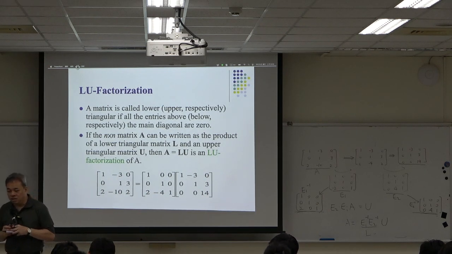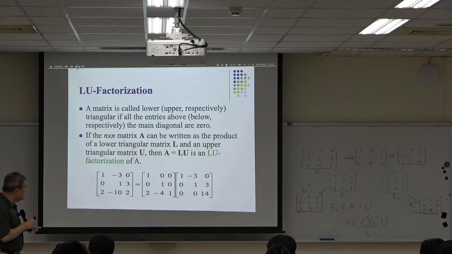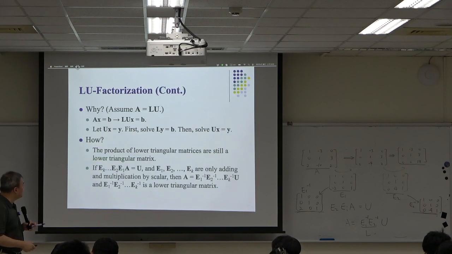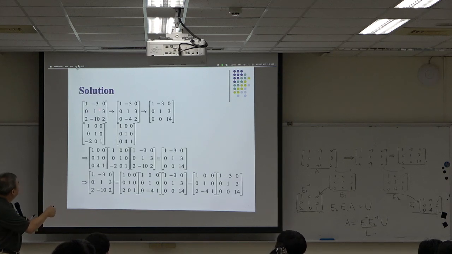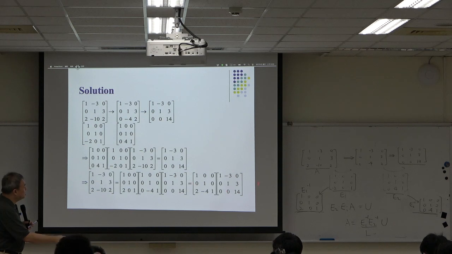Okay? We can give it a shot. So with that, now we know this one can be written as this one times this one. This is lower triangle, this is upper triangle.